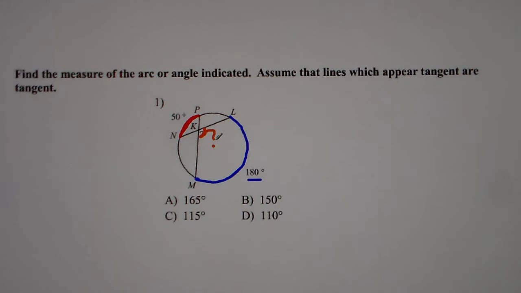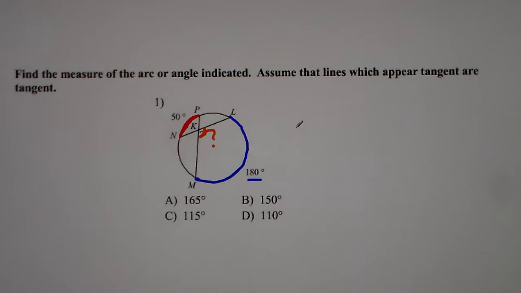Well, that question mark is just the average. The orange is just the average of the blue and the red arcs. So to find the average, we add up the blue arc of 180 degrees plus the red arc, 50 degrees, and then divide by 2.